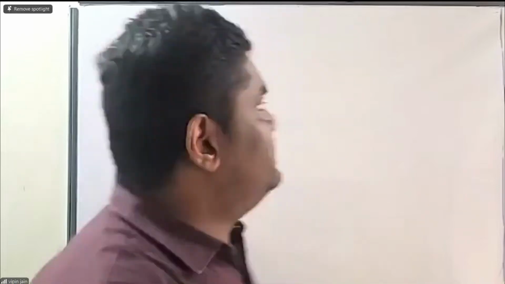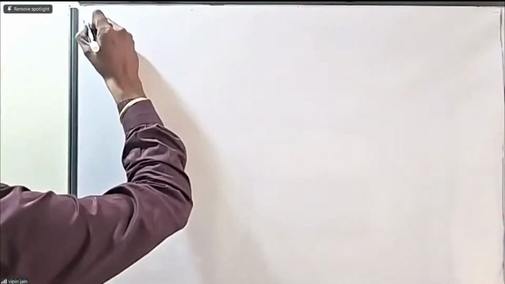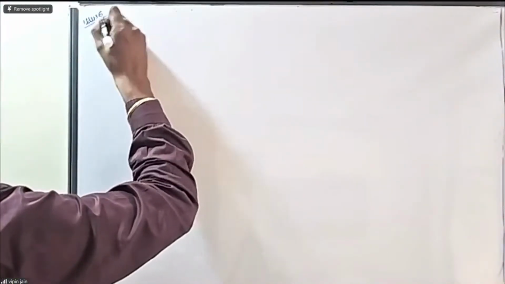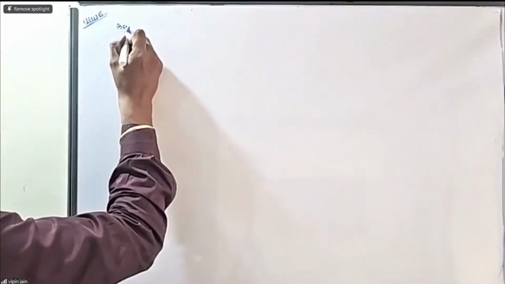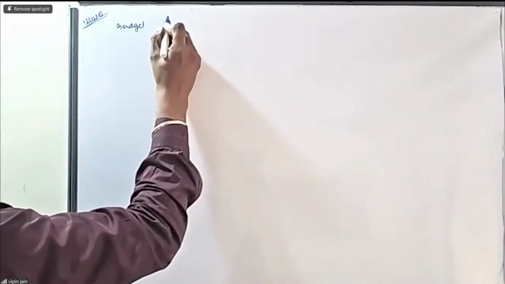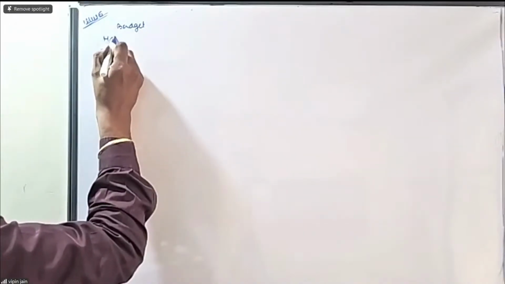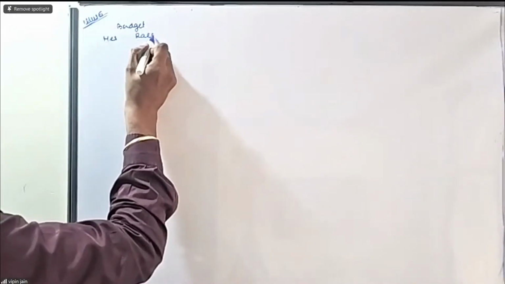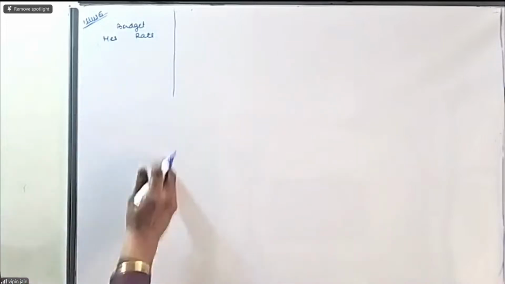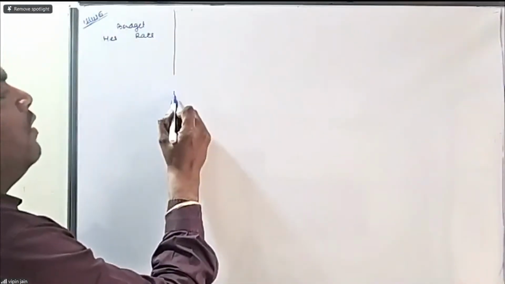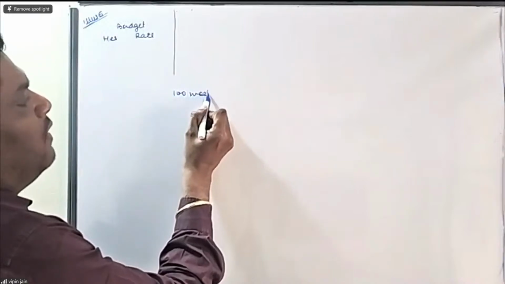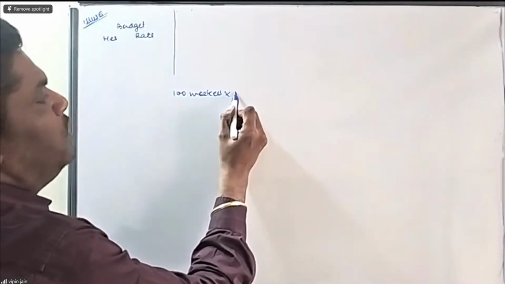So let's start with the labor variances, illustration number 6. Again, I'll be using the same pattern. Very simple, guys. Budget: hours, rate. So as I said, 100 workers into 1 hour.